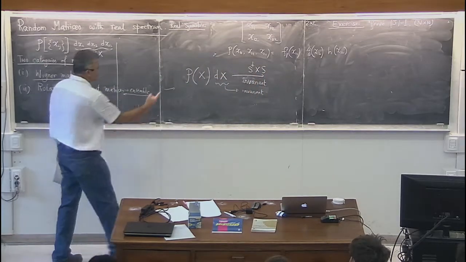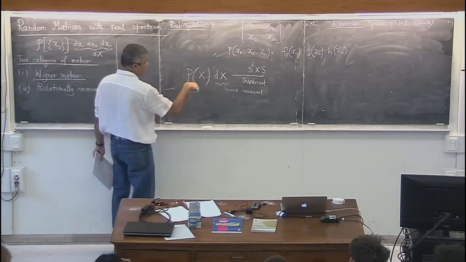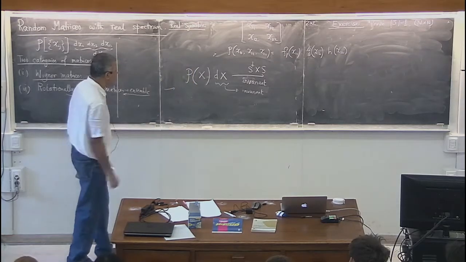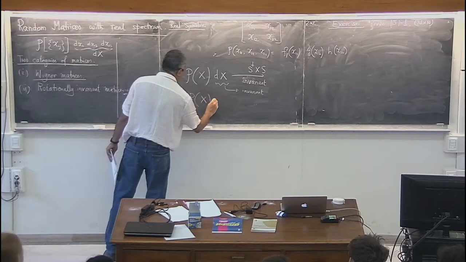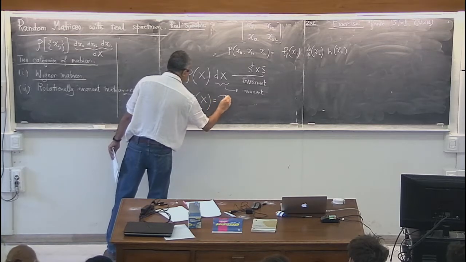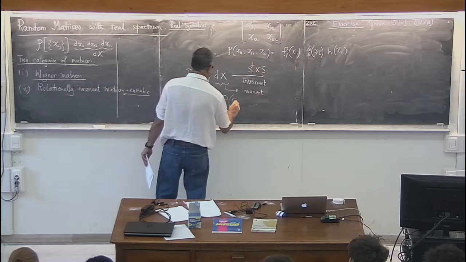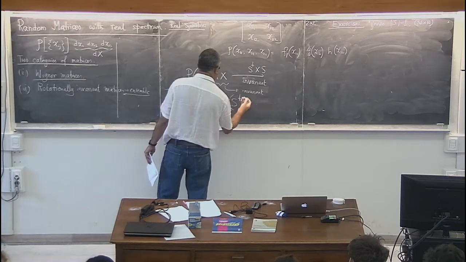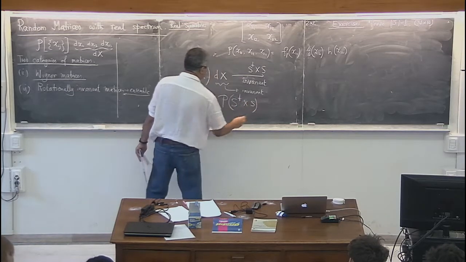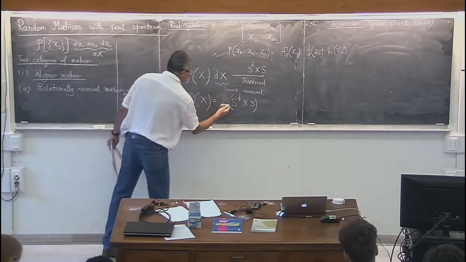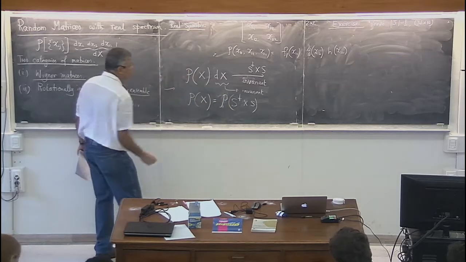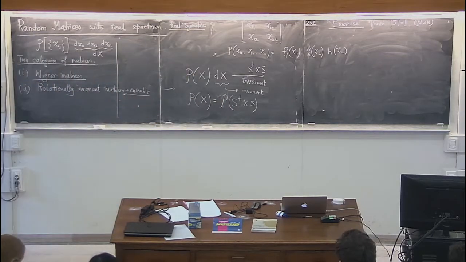So all I need to ensure is that this P of x, this function of the matrix elements, this distribution function, should be the same function P. So you just make a rotation. This function should not change under this rotation, right? Because the volume element doesn't change.